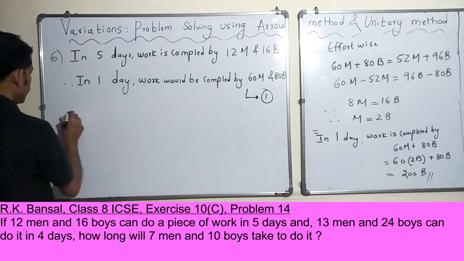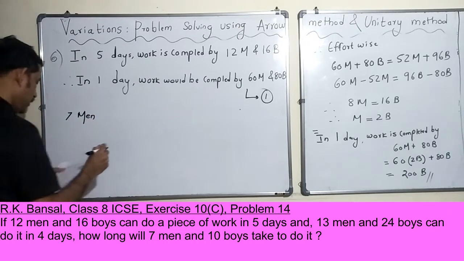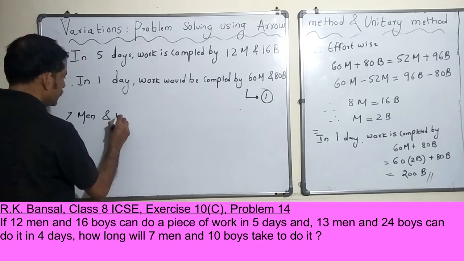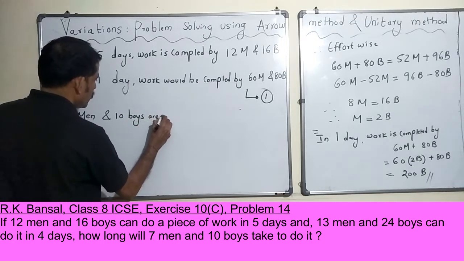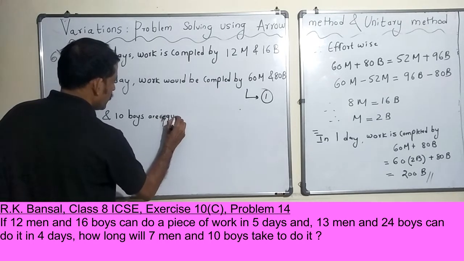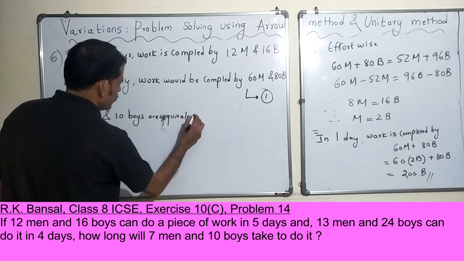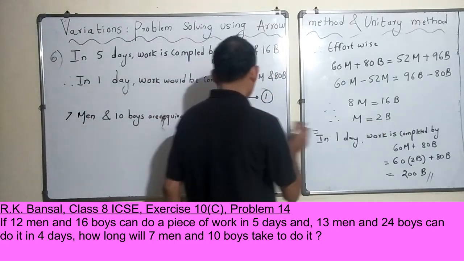Now 7 men and 10 boys are equivalent to, since 1 man is 2 boys, 7 men is 14 boys.